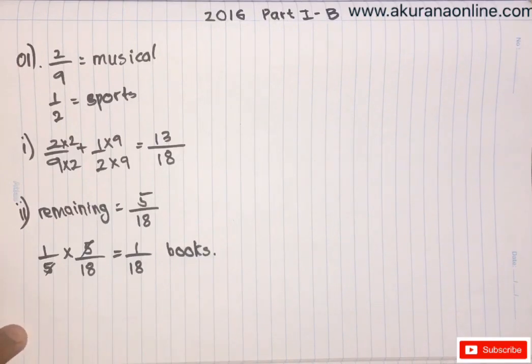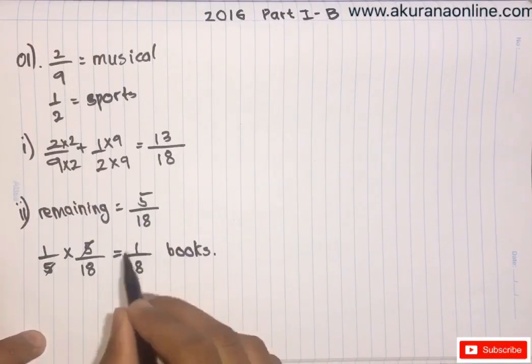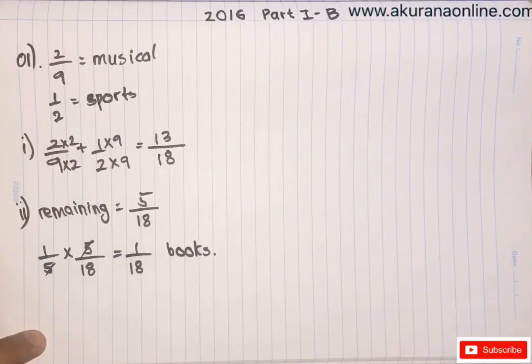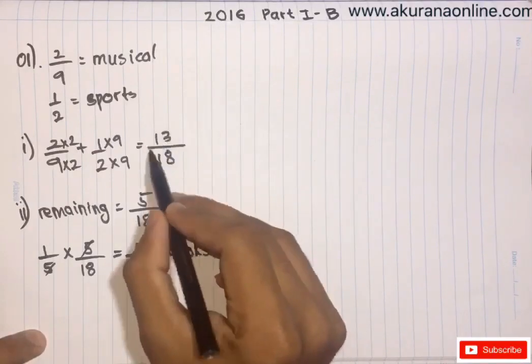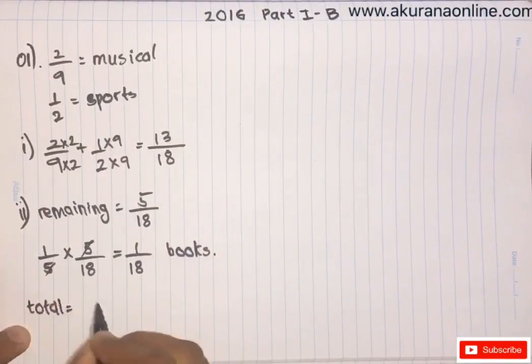Now 1/18 is used to buy books. From this, the amount remaining after purchasing all this is the amount used for the renovation, and this is the amount that was used for both sports and musical. Now let us find the total. You have to add all.